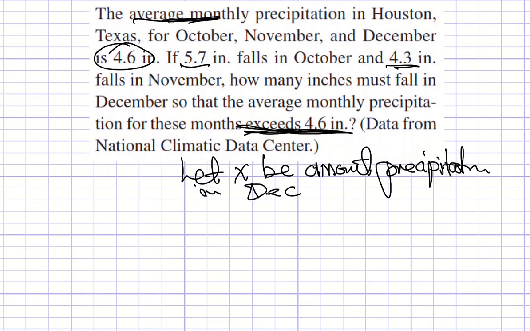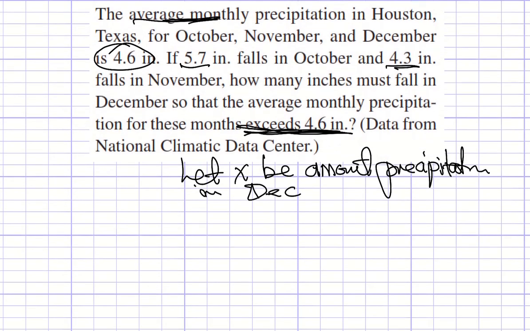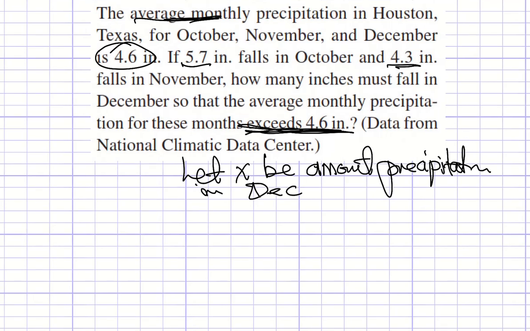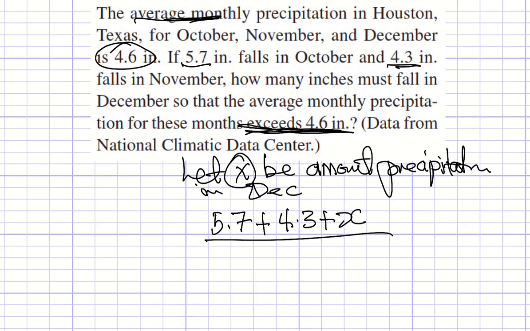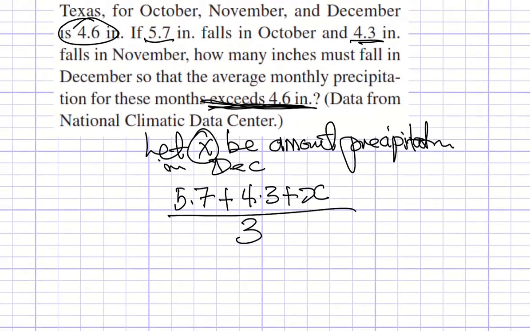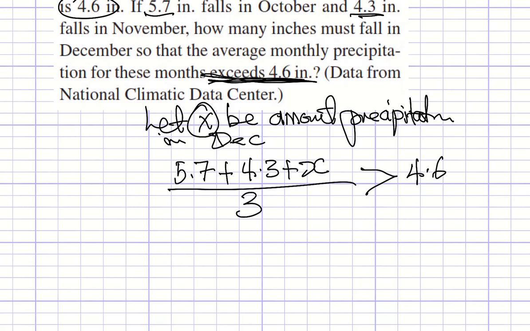So you're given 5.7 for October plus 4.3 for November, and you don't know December. That's why we put that x. And the average is of 3 numbers, right? And they say it exceeds, which means greater than 4.6. So you have to solve that.